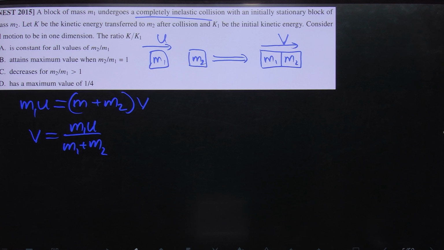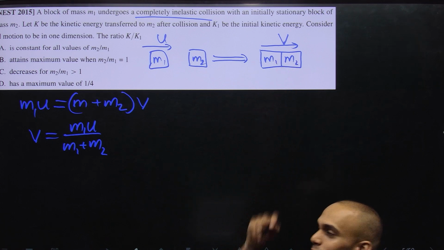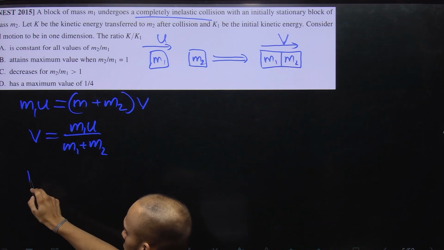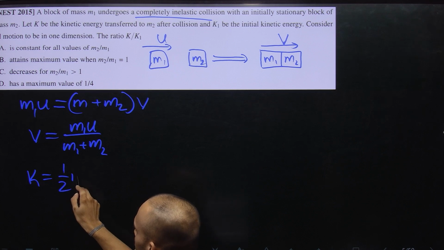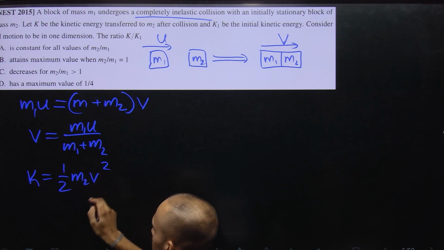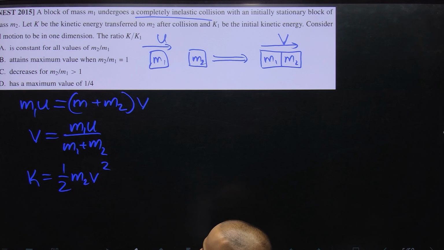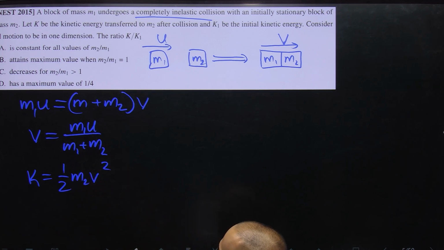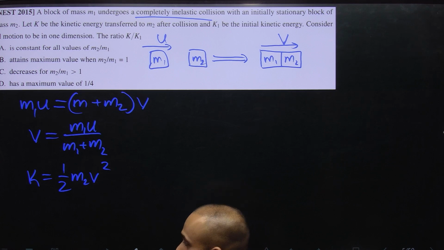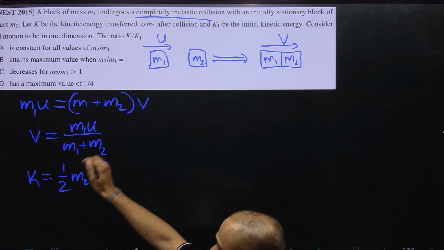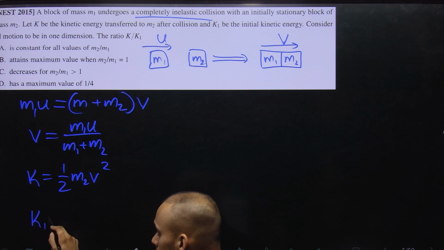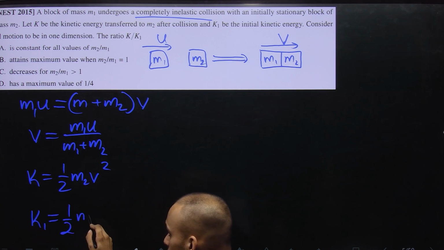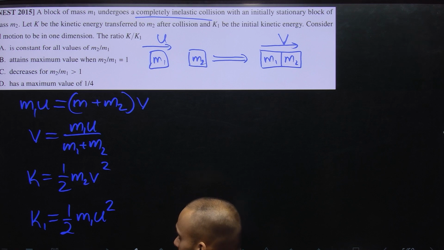Now we need the ratio of the kinetic energy transferred to mass m2, which is basically the kinetic energy of m2 after the collision. So the value of k will be half into m2 into v square, that is half into m1 square m2 u square upon m1 plus m2 the whole square, and initial kinetic energy k1 was again simply half into m1 into u square.